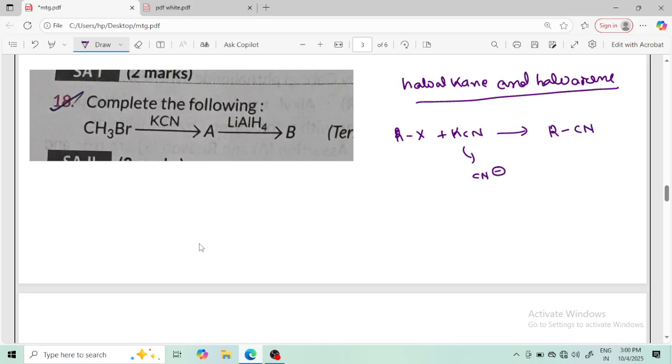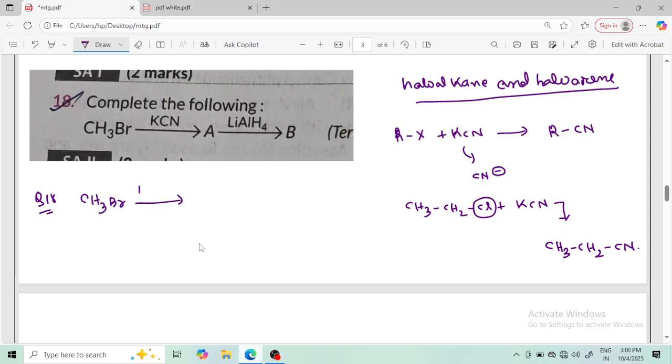Suppose I am giving CH3CH2Cl reacting with KCN. This halogen part will be removed, and in its place you will get CN. Now using this logic, question number 18 is CH3Br reacting with KCN.